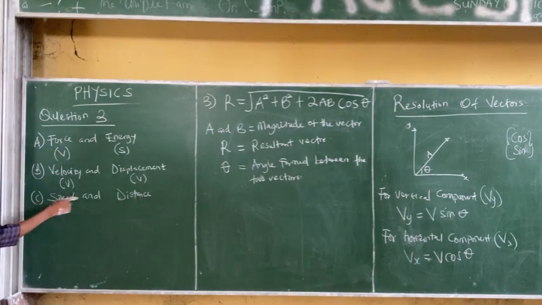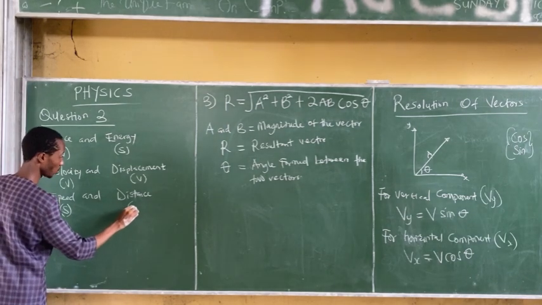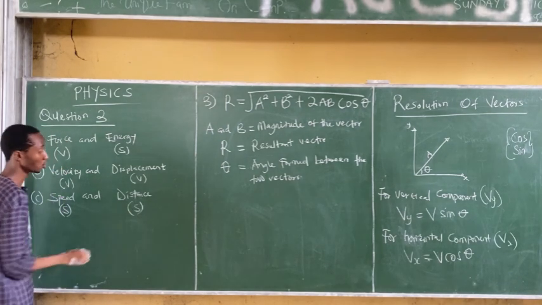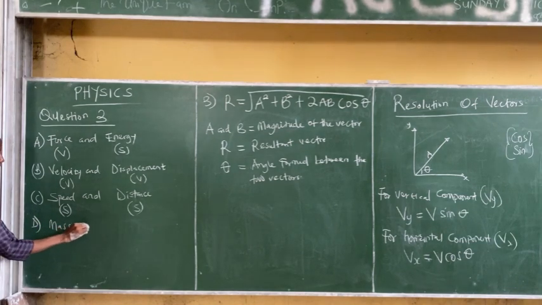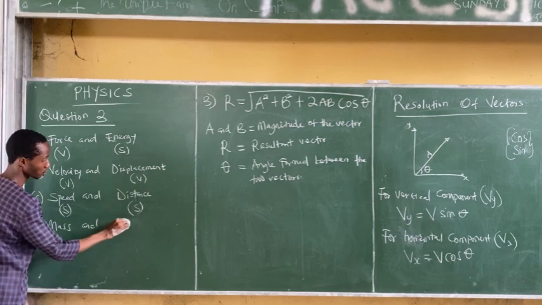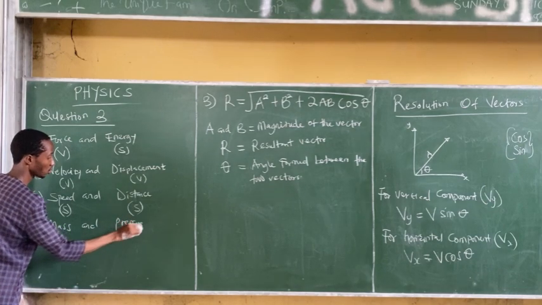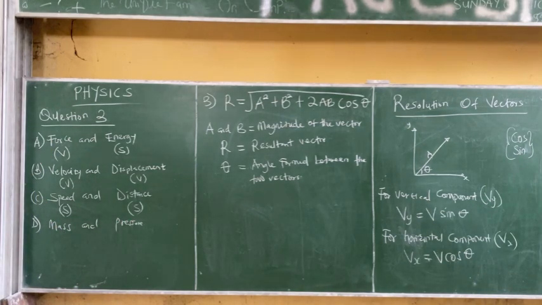Now, both speed and distance are scalar quantities. Speed here has magnitude but no direction. Distance also has what? Magnitude but no direction. We have option D, which is mass and pressure. Both mass and pressure are scalar quantities.